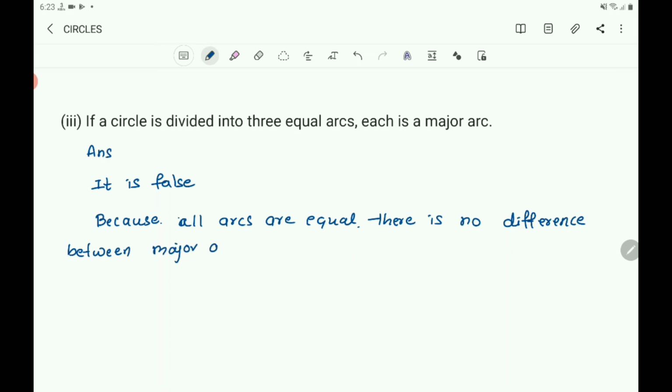No difference between major arc and minor arc. If circle is divided into 3 equal arcs, here there is no any difference between major arc and minor arc.